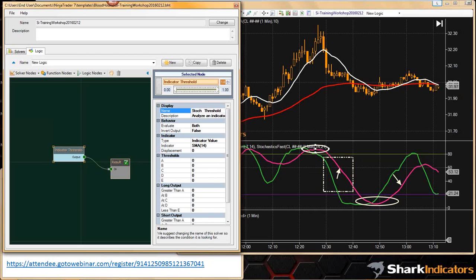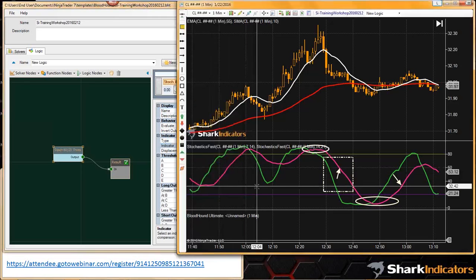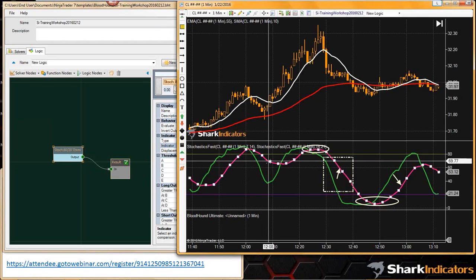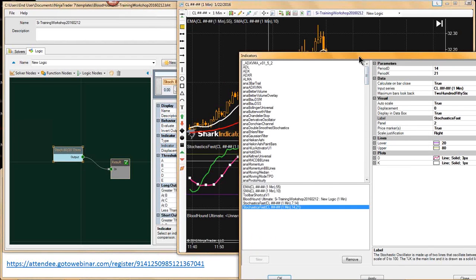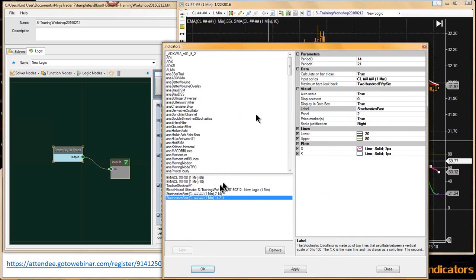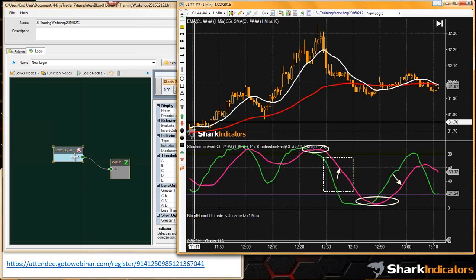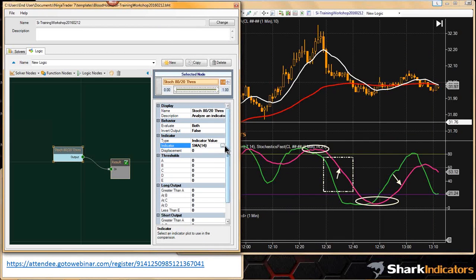This is simply just the stochastic above 80 or below 20. So we're just using the 80-20 threshold. And let's put the stochastics in here in just a moment. So I'm using slower stochastic periods here. Let's see, 7 and 14. Okay. I just wanted to get the indicator periods.